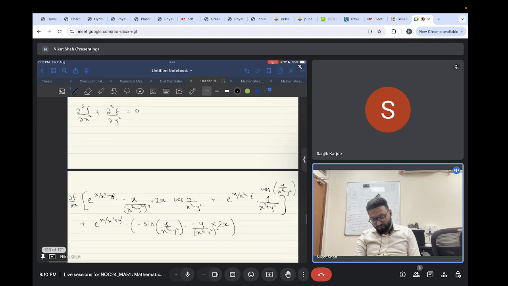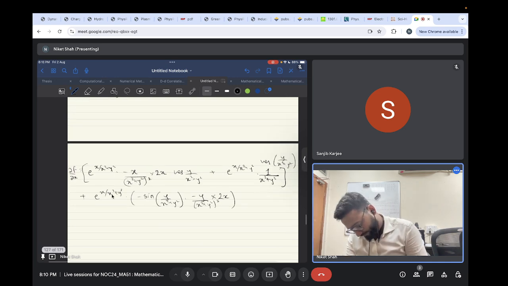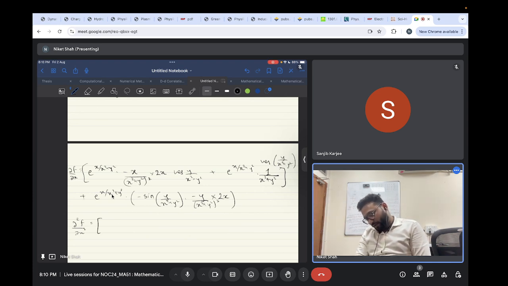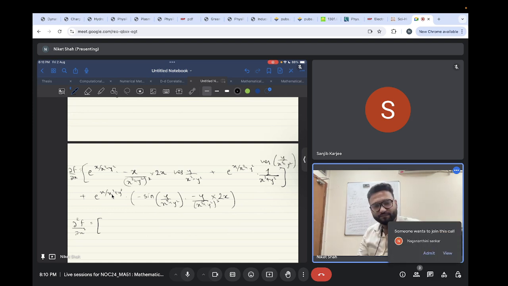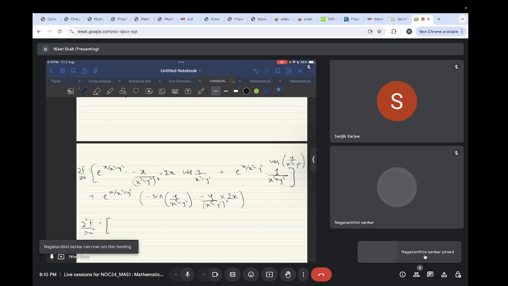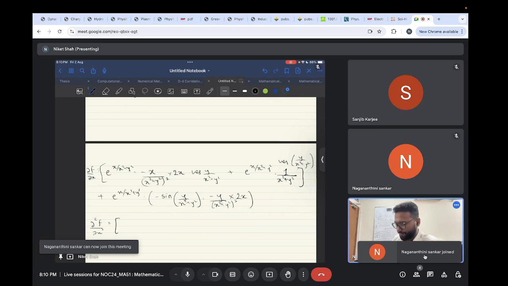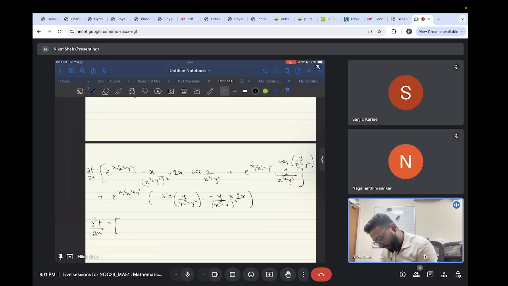If I take the second derivative now, I'll have a lot of terms. Del square f by del x square is equal to, so now it's the second derivative del square f by del x square that I need to evaluate, and this is just simply tedious.